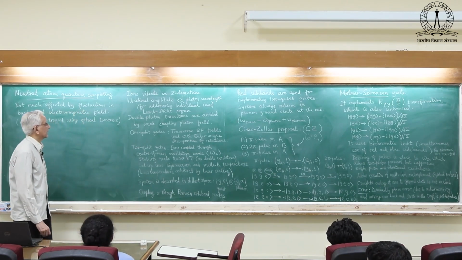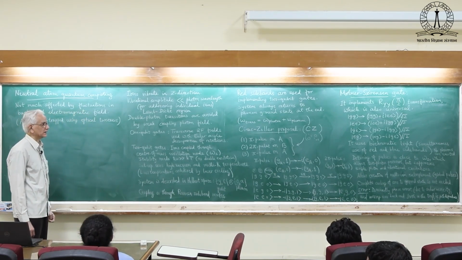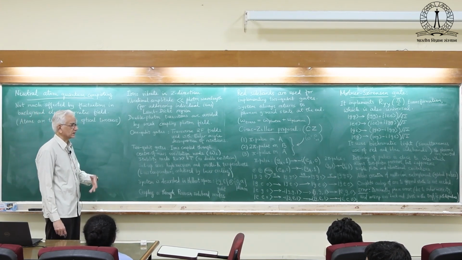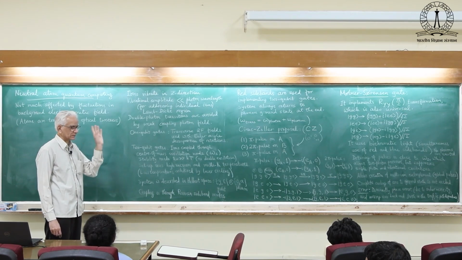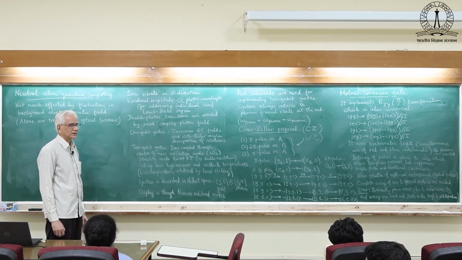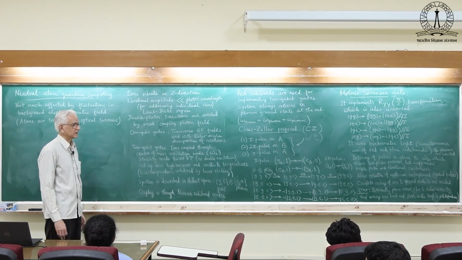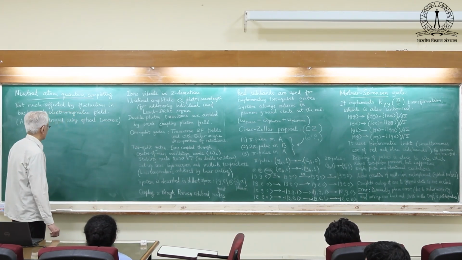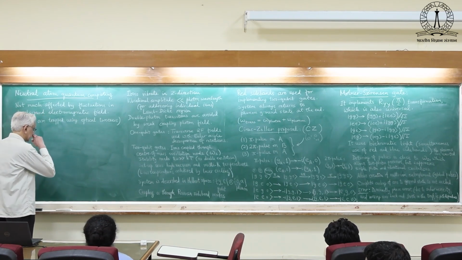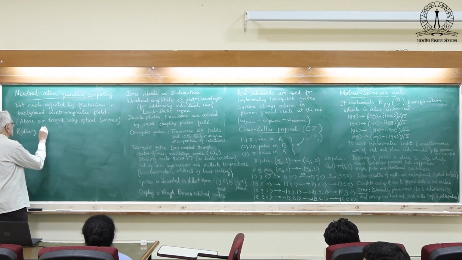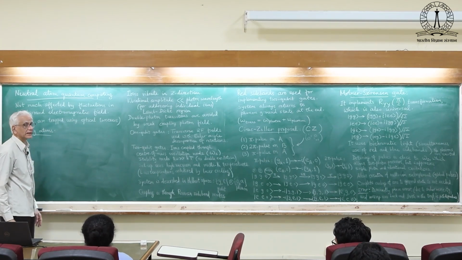And for that, having just a neutral atom is not enough, because transitions like that in a hydrogen atom are very fast, and they will not do the job for you, and you can't even couple them to each other very properly. And the whole industry started with realization of what are known as Rydberg atoms.